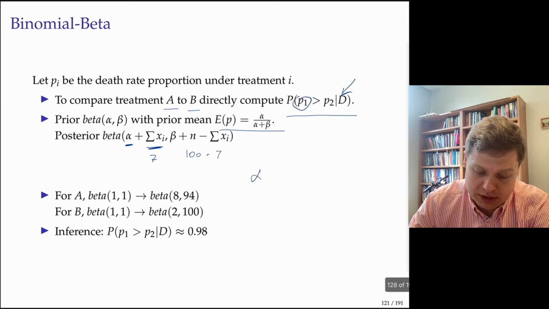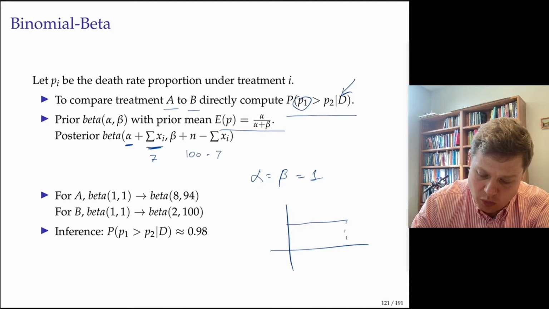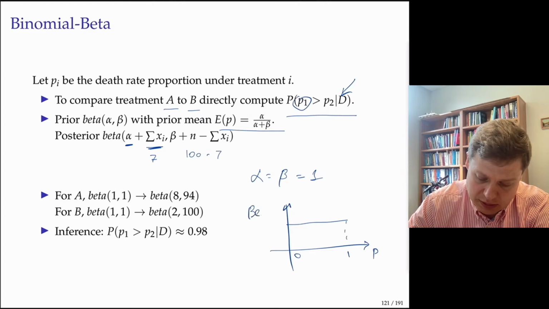And if we use hyperparameters alpha and beta equal to 1 for our prior, so remember that's a flat prior from 0 to 1, this is beta over p with parameters 1 and 1.